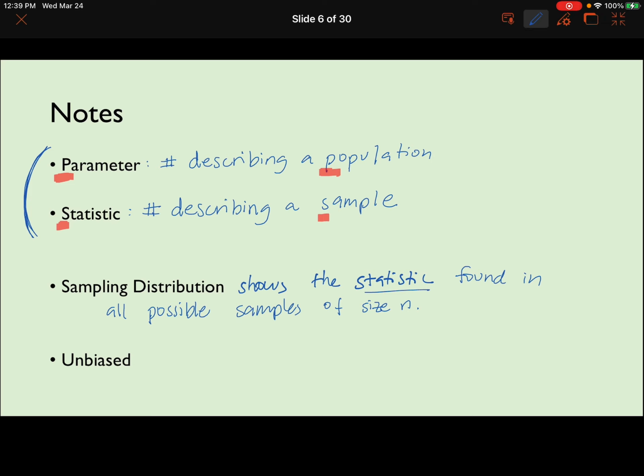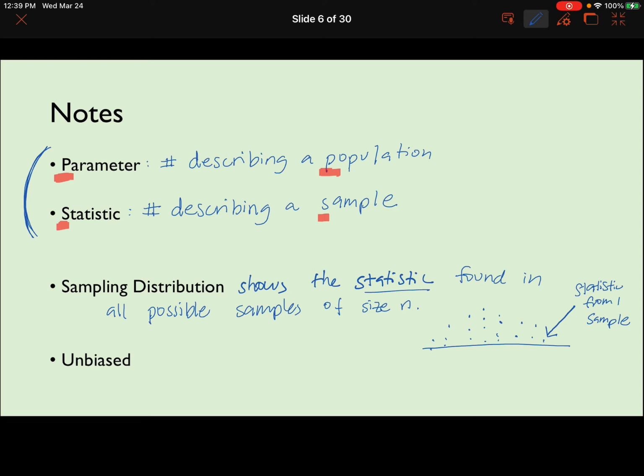In a sampling distribution, we will often be using a dot plot. So I'm just going to draw a random dot plot here. If you're looking at any one specific dot, that is telling you the statistic from one sample. So if you look at the dot plot we made, each dot was showing us the mean of one sample.